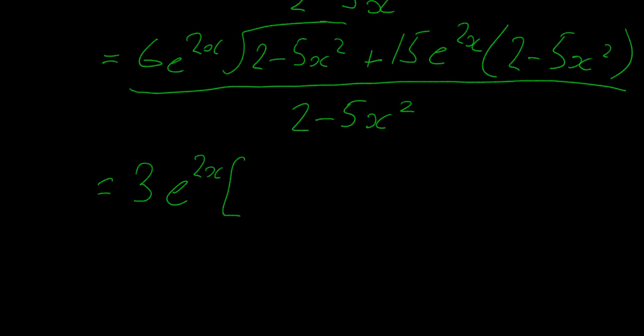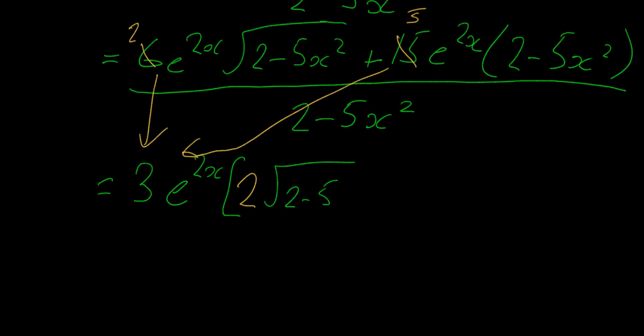So when I took the 3 out, this one turned into 2, and this 15 turns into 5. So that's where the 3 comes from. We're going to have a 2 here, and this e to the 2x is taken to the front, and 2 minus 5x squared plus, that's just 5, 2 minus 5x squared.